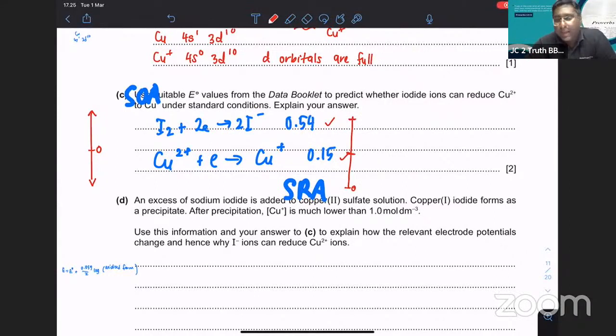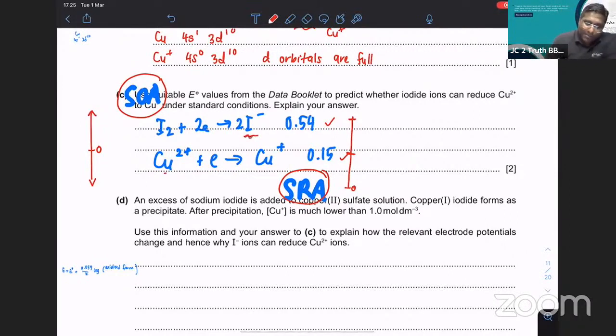SOA is strong oxidizing agent. The top left corner is going to be the strong oxidizing agent. On the bottom right is going to be the strong reducing agent. Now you want to find out whether I- is able to reduce Cu2+.